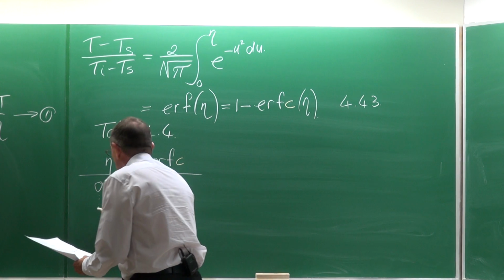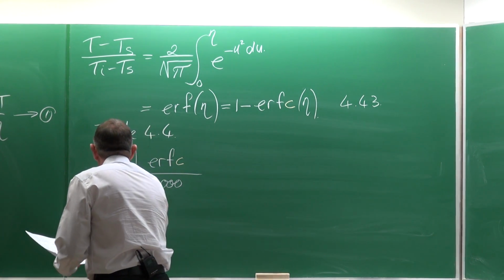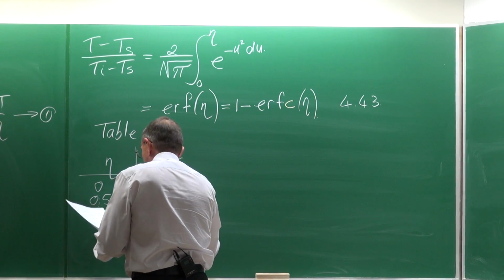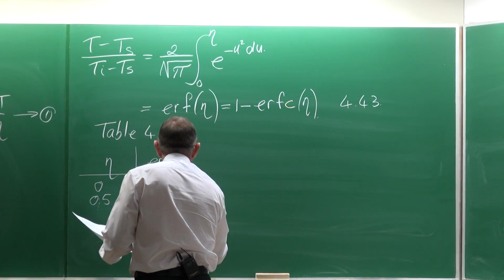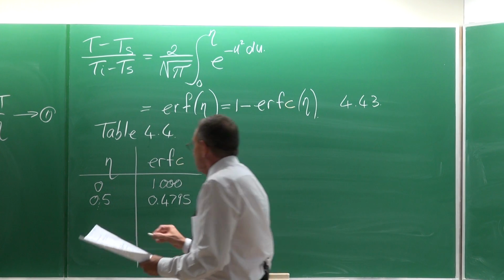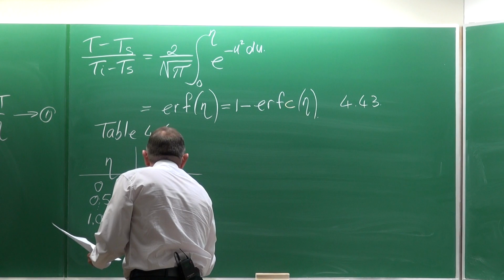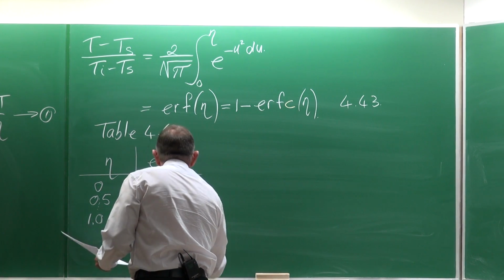And it would, let's look at typically 0.5. If it is 0.5, it is 0.4795. Typically for 1, it is equal to 0.1573.